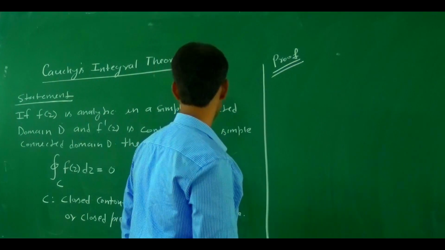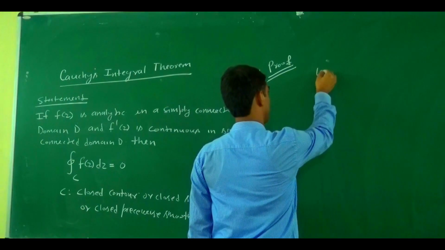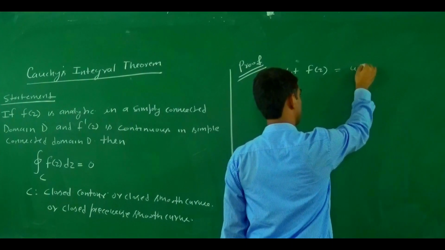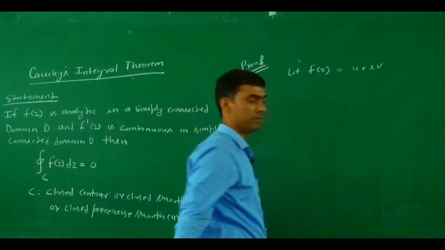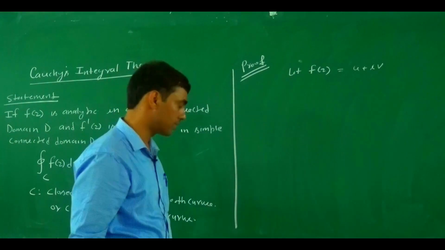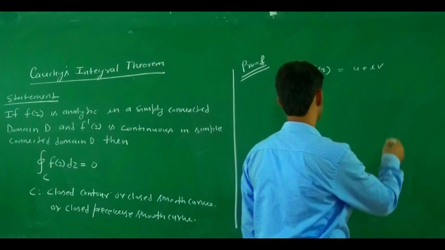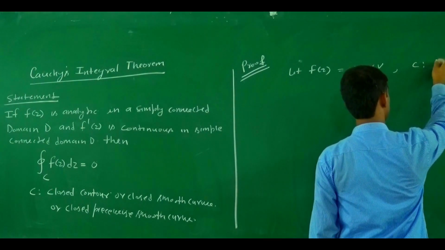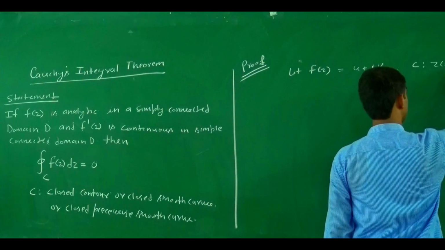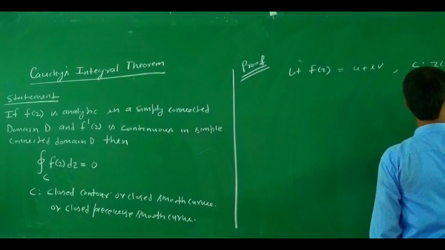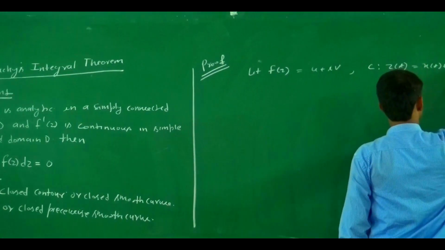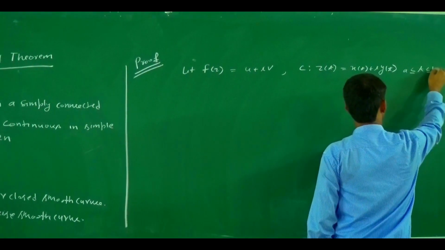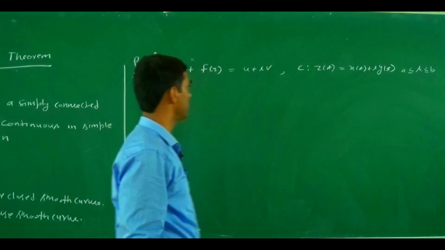So now let f(z) equal u plus iv. And C is any contour, defined as z(t) equal x(t) plus iy(t), and t ranges from a to b.